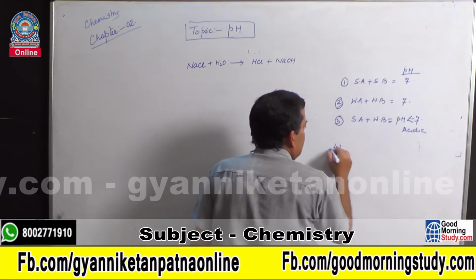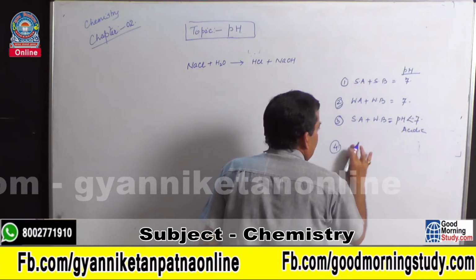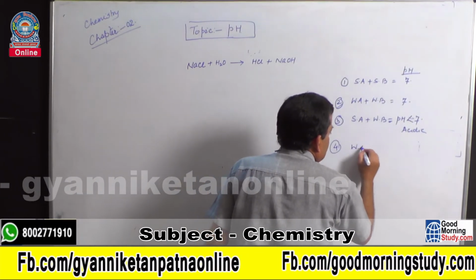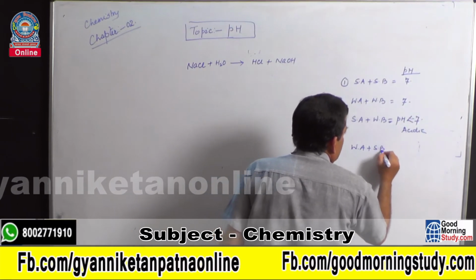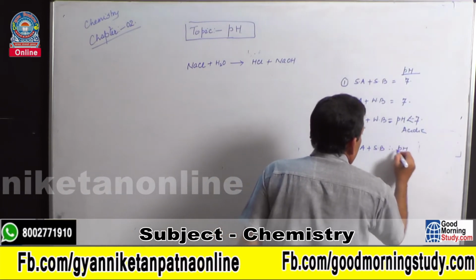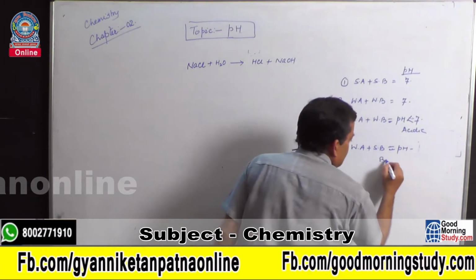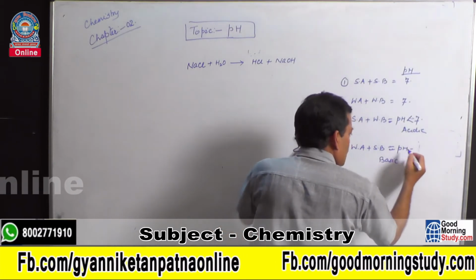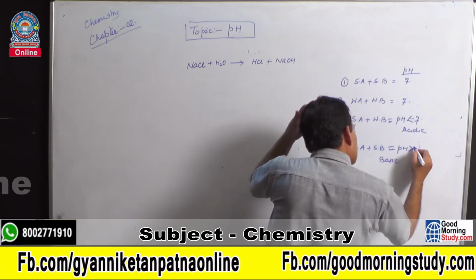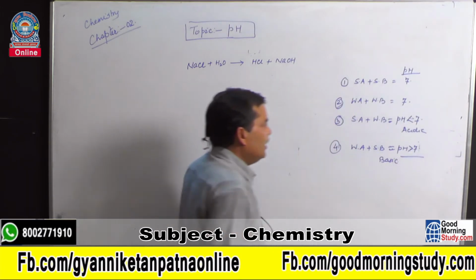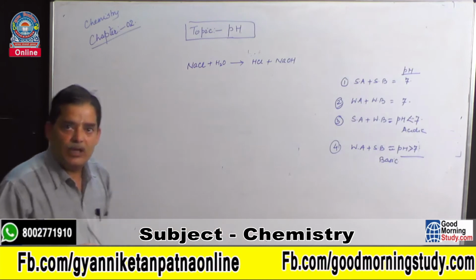And the fourth is a weak acid and a strong base, then the solution will be basic, and if it is a basic solution, then the pH will be greater than 7. These are the four conditions you have to keep in mind.